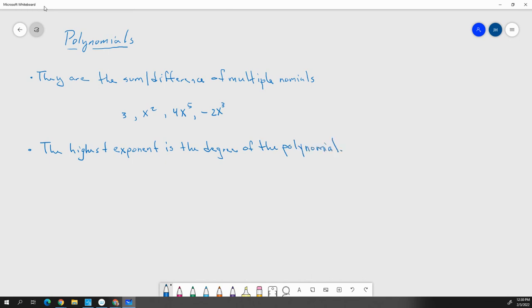So if I have a polynomial that's like 2x squared plus 7x to the 5th plus 2x minus 4x to the 7th plus 2, right? The degree of this polynomial would be 7.